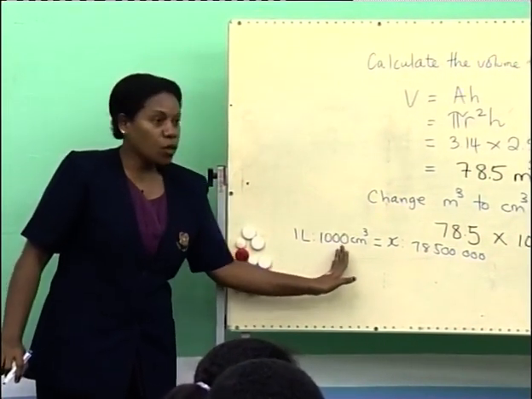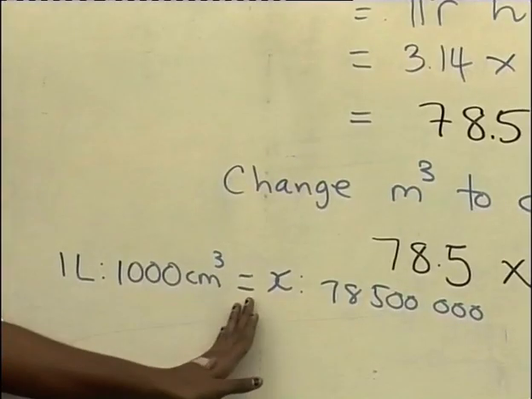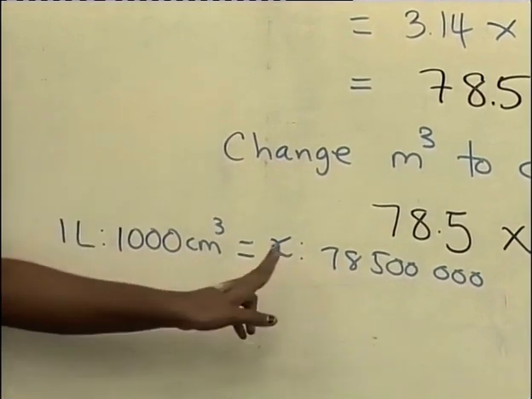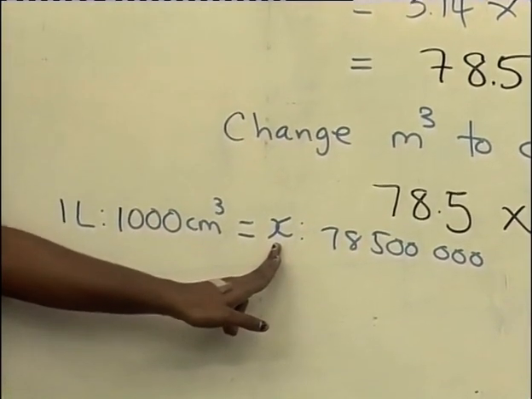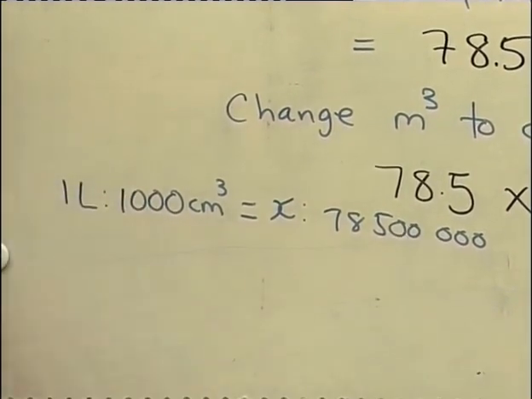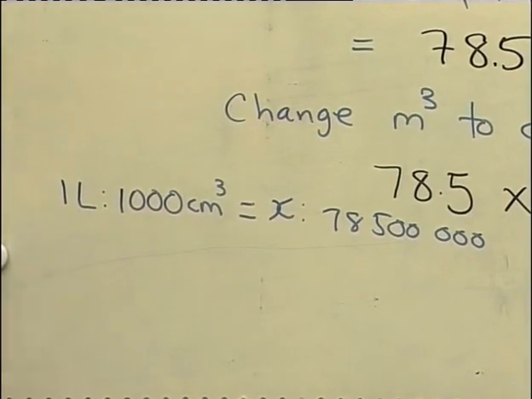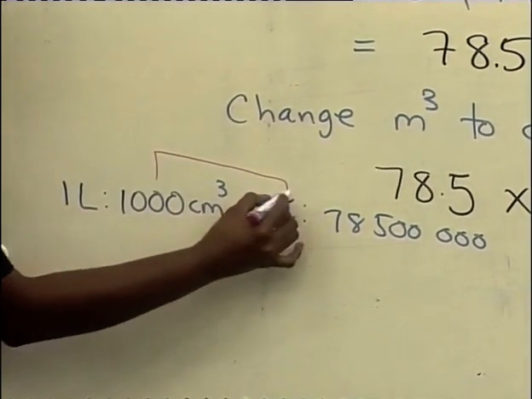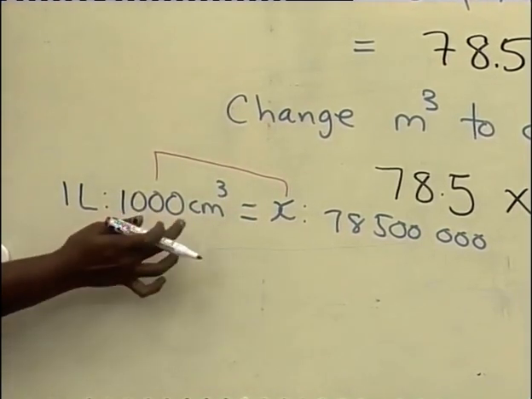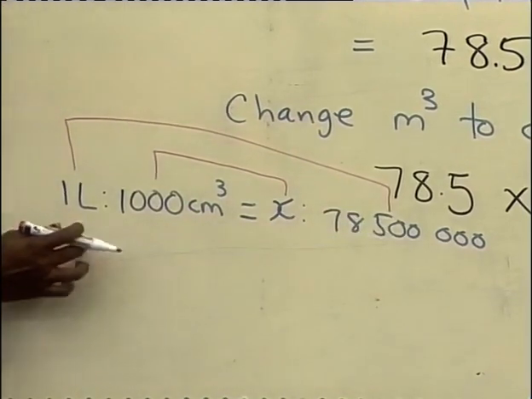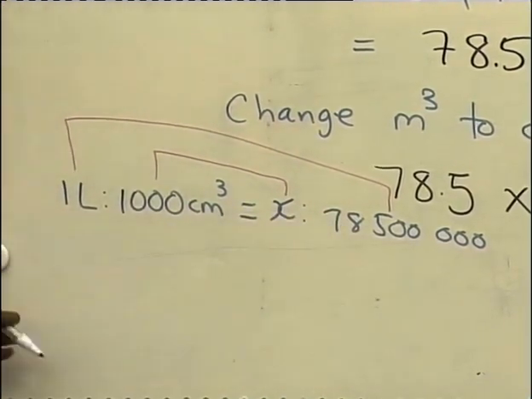We want to find how many liters this is, so this is x, unknown: 78,500,000 cubic centimeters. So I'm going to cross multiply: 1,000 and x, and 1 liter and this.